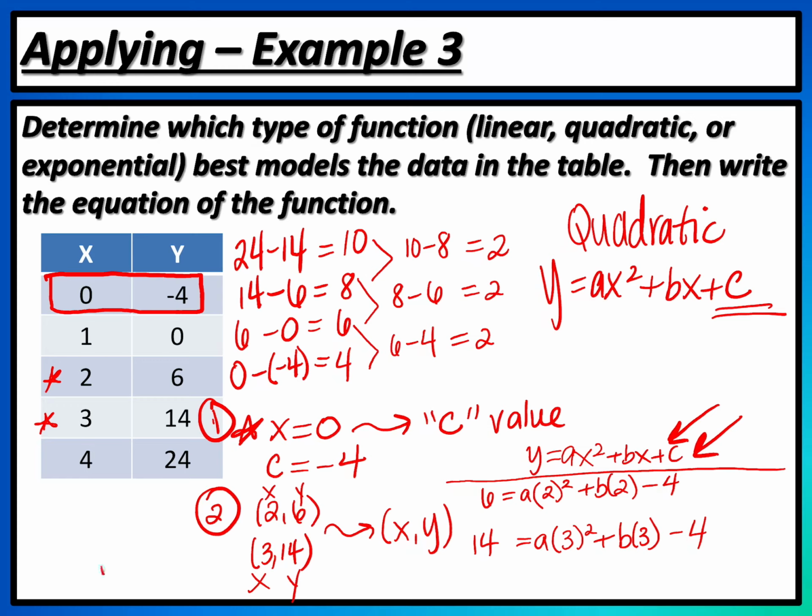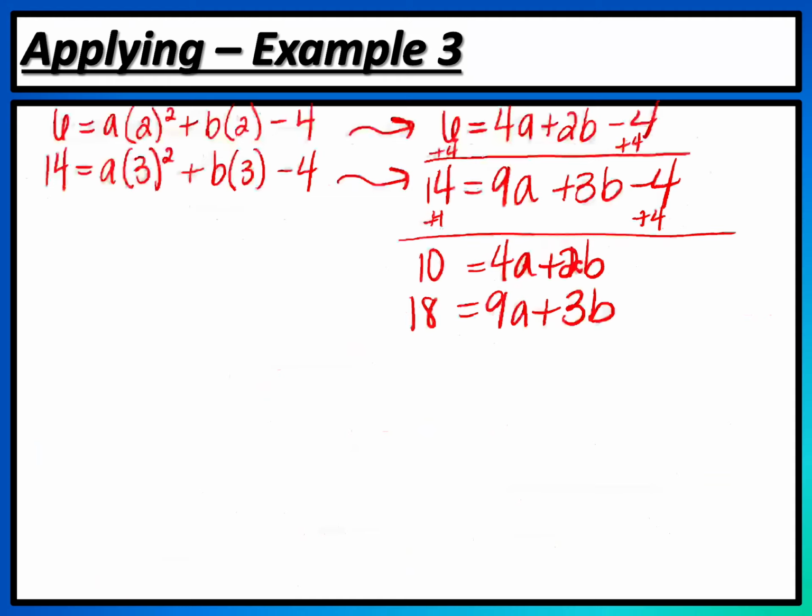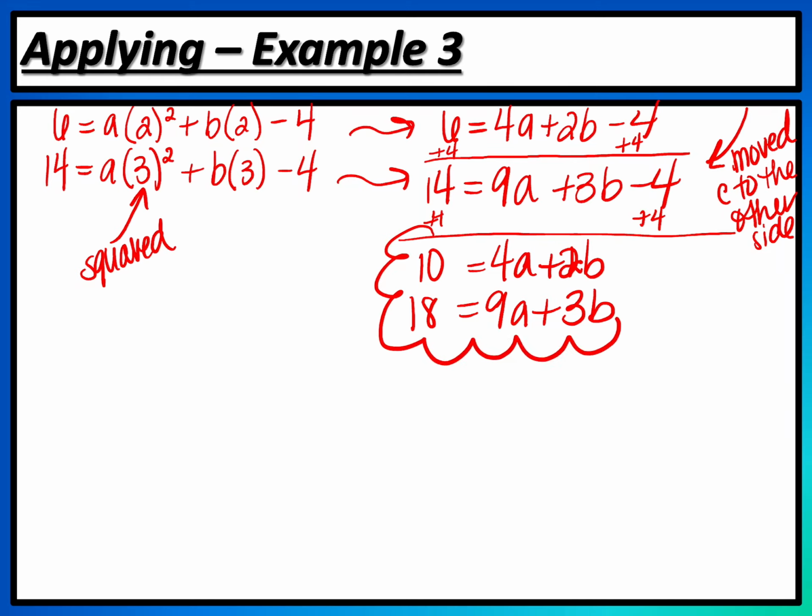So we plugged in for x and y. Okay, and now over here, we did some simplifying. So we squared those. And then we moved c to the other side. Okay, and that's how we ended up with these 2 equations.